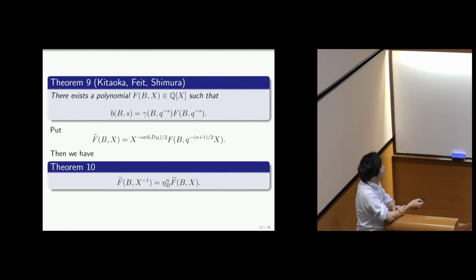And the Clifford invariant appears only when n is odd.